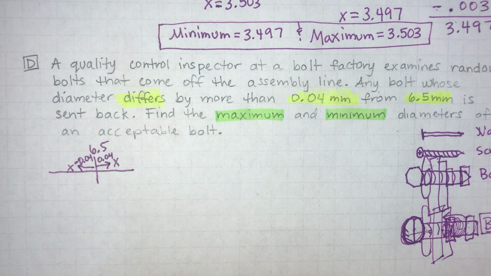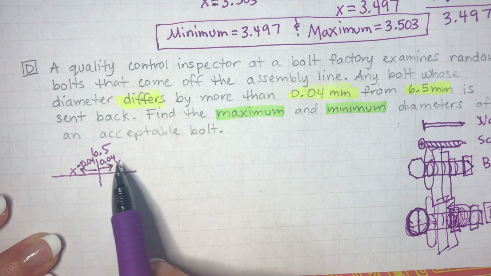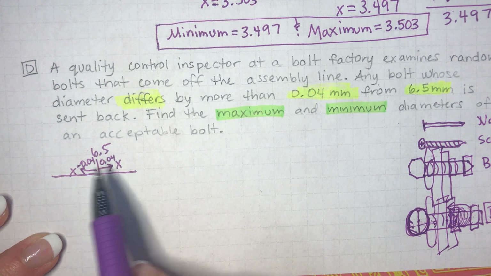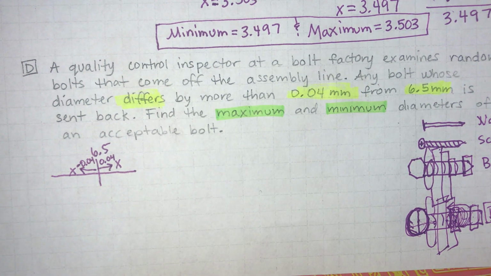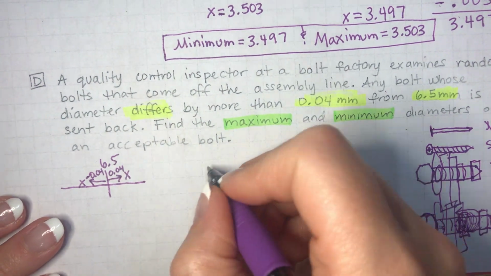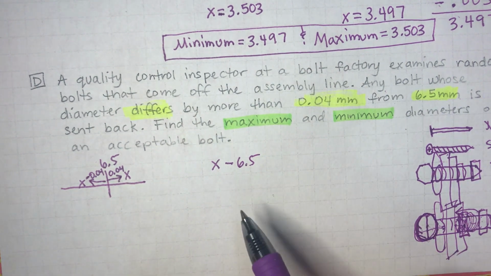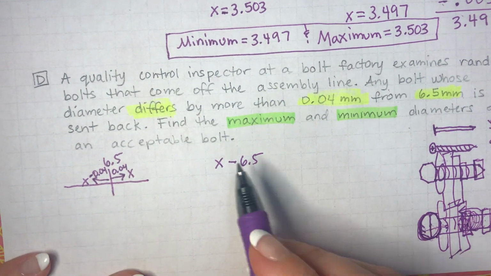So here, we are going to find the value of what it should be, 6.5, and what its maximum or minimum could be, which we don't know, so we're calling that x. But we have to find the difference between those two. Whenever you're looking at the difference of two numbers, you just subtract them.